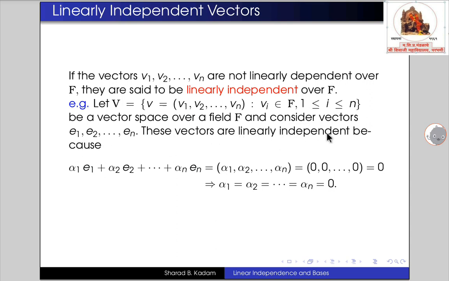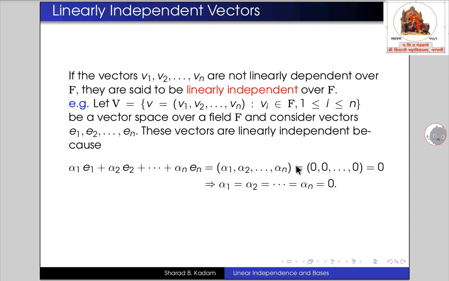These vectors are linearly independent because if we write the linear combination alpha 1 E1 plus alpha 2 E2 plus so on plus alpha n En, then this will be equal to the n-tuple alpha 1, alpha 2, alpha n, and this n-tuple will be equal to the 0 tuple, whose every component is 0, if and only if alpha 1 equals 0, alpha 2 equals 0, alpha n equals 0. That means here we are getting every scalar to be 0. That means E1, E2, En are linearly independent vectors.